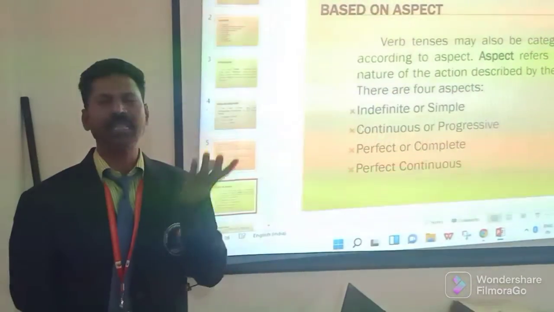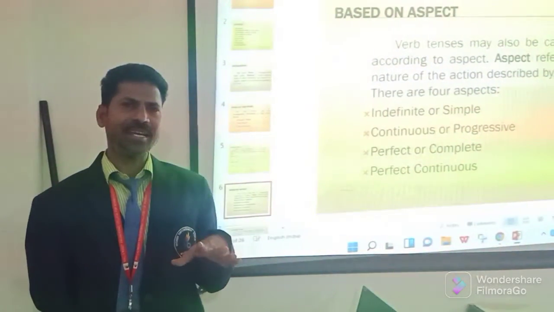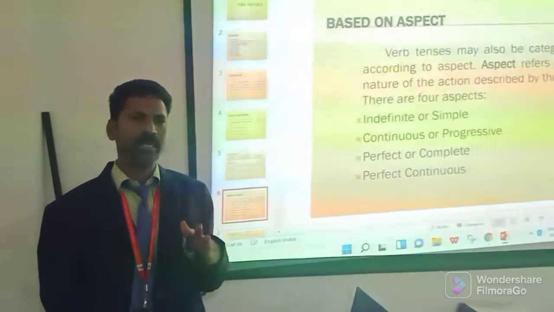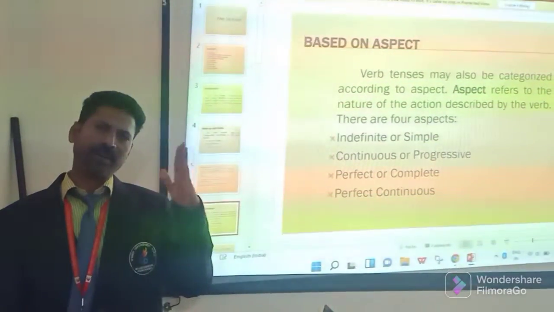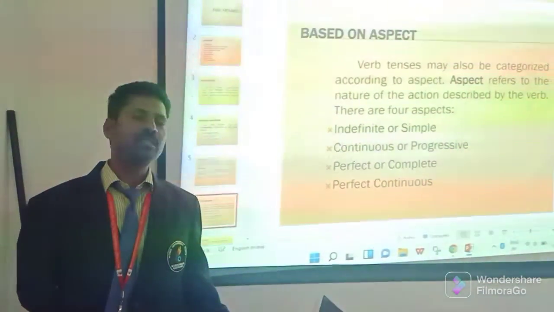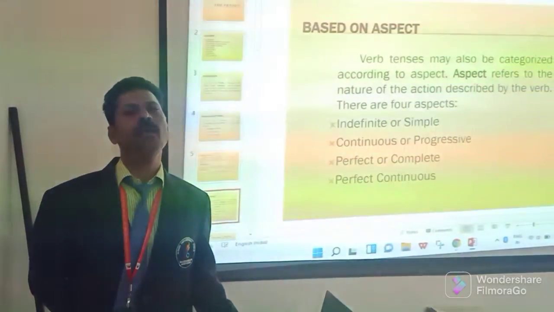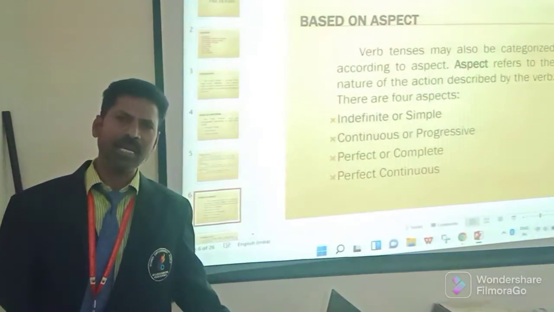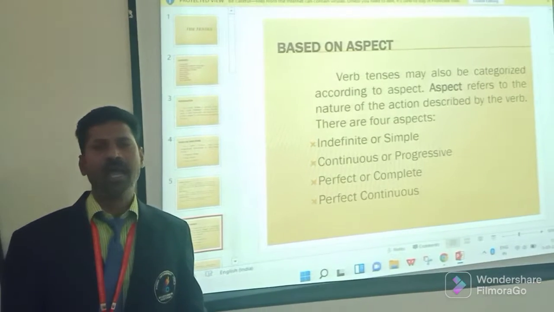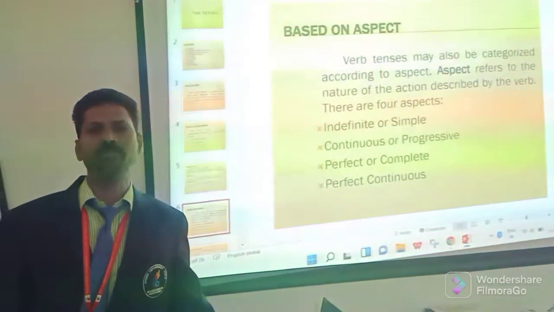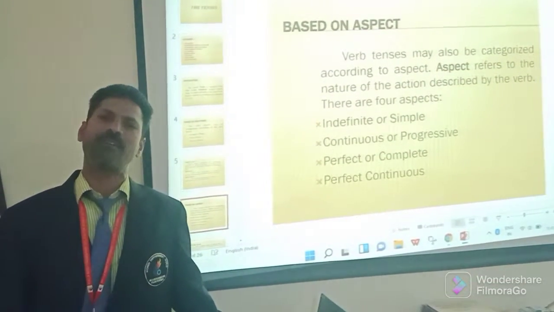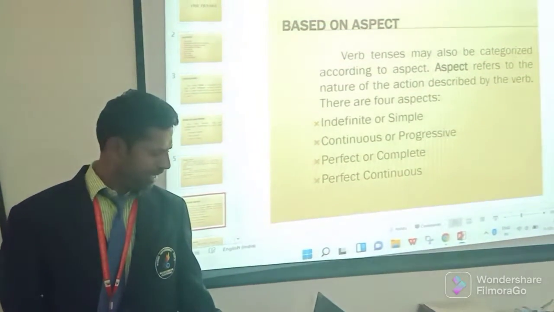That is simple present, present continuous, present perfect, present perfect continuous. Similarly, simple past, past continuous, past perfect, past perfect continuous. And third, future: simple future, future continuous, future perfect, and future perfect continuous tense.